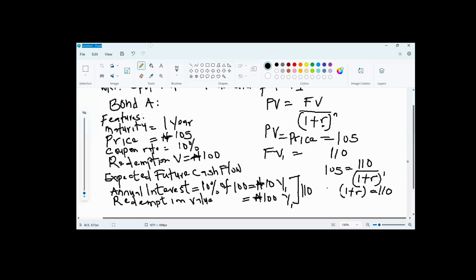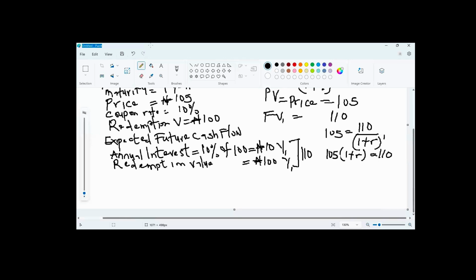My 105 multiplied by 1 plus R is equal to 110. I can move this forward a bit to become, I will make 1 plus R is equal to 110 divided by 105.